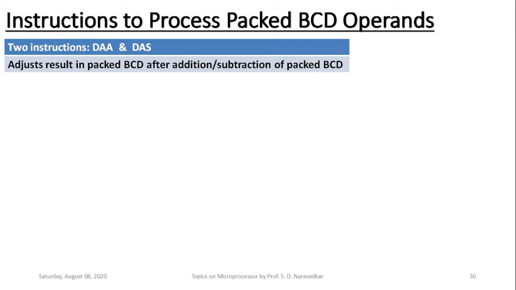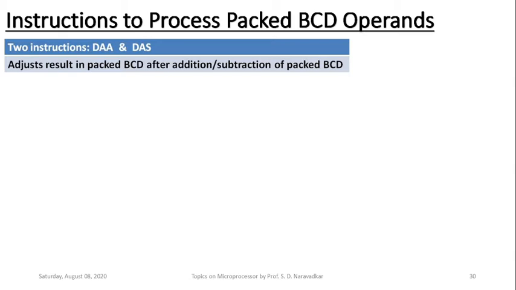Subsequent DAS, it stands for Decimal Adjust Accumulator After Subtraction. And what do these two instructions do here? They adjust the result in packed BCD format after performing addition or subtraction of packed BCD inputs.